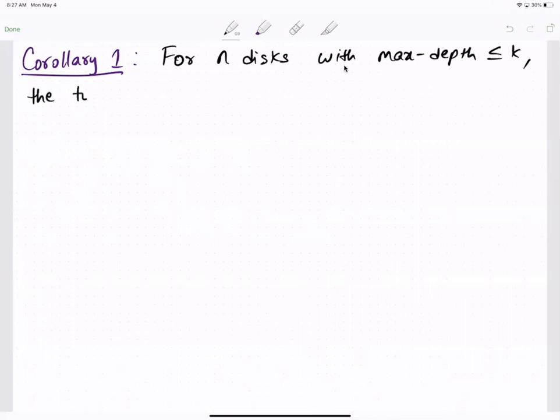The total number of vertices, and when I say vertices, this is in the geometric context, will be order of nk.